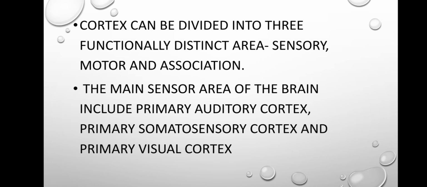The main sensory areas of the brain include the primary auditory cortex, primary somatosensory cortex and primary visual cortex.